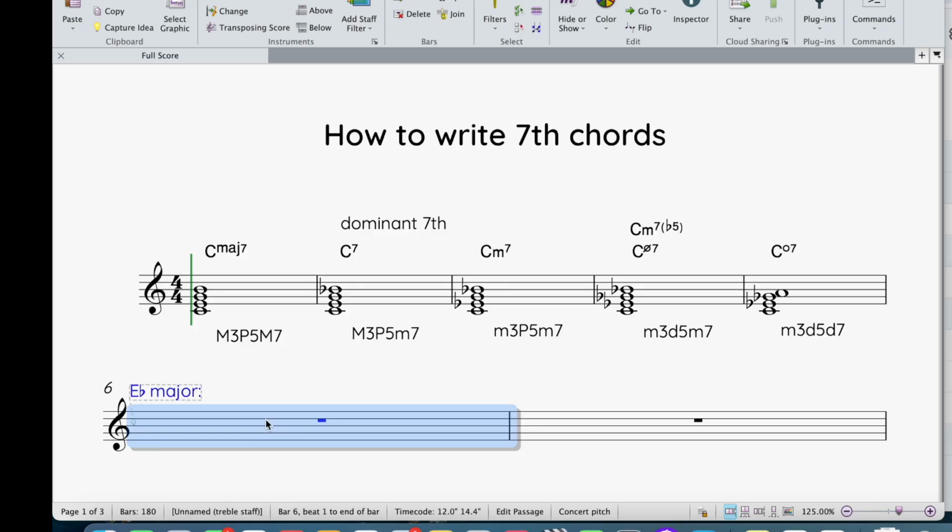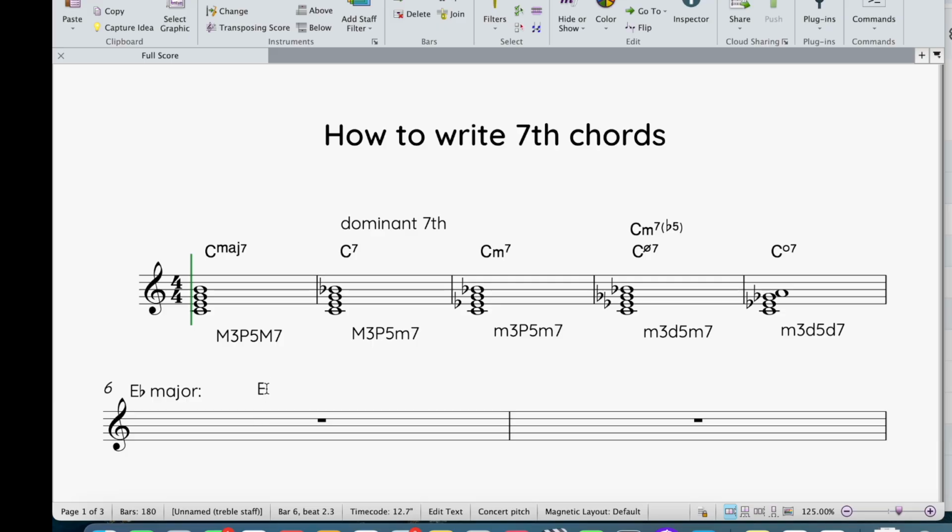So we can write that out. We need our order of flats backwards. So B flat, then E flat, then A flat. So it's got 3 flats. Let me write out the notes here.